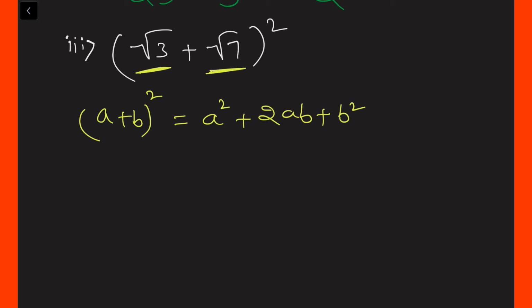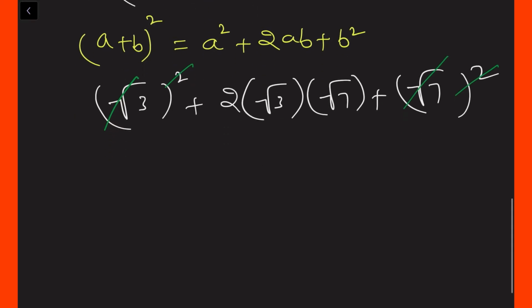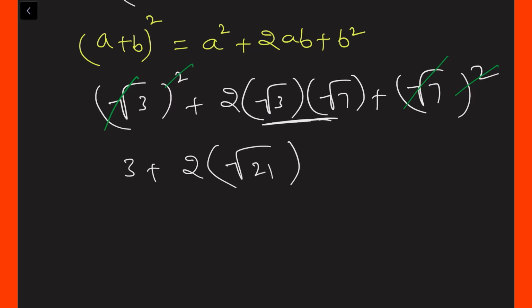So let us substitute: a², (√3)², plus 2 into a, √3, into b, √7, plus b², (√7)². Square root and square cancel, so we remain with 3 plus 2 into √3 into √7, which is √21, plus 7. Here 3 plus 7 is 10, plus 2√21.